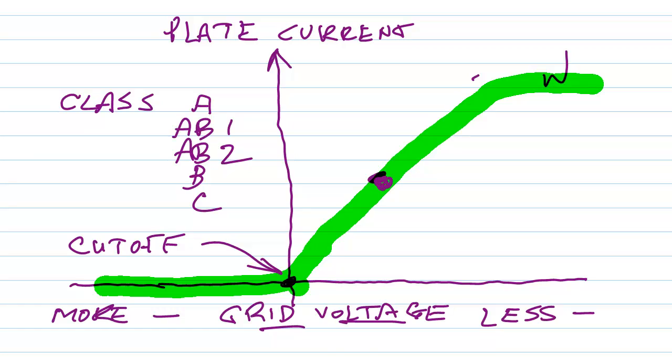Well, I don't have a whole lot of experience with that, but I can tell you that Class A operation right here, this is Class A, is never really used for radio frequency power amplification, because in radio frequency power amplification you don't need to worry so much about keeping the waveform in the straight line portion of this curve.